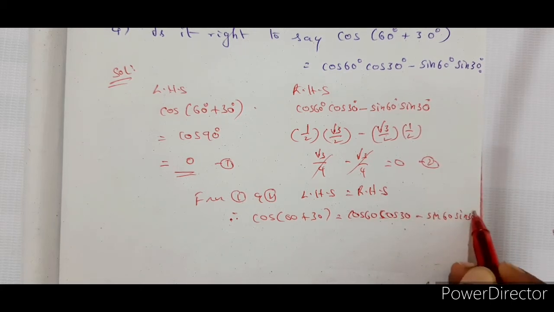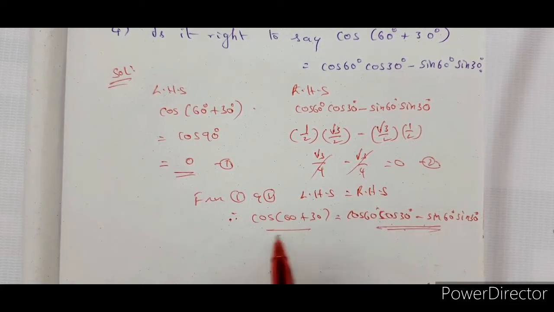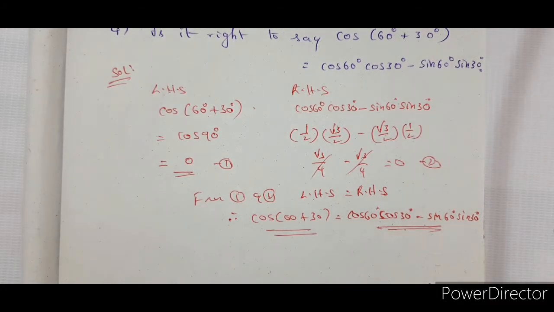Generalizing it, you can say cos of A plus B is equal to cos A cos B minus sin A sin B. These things you have to remember when you go for higher education, like with maths as one of your subjects, then that generalization will be very much helpful for you. Cos of A plus B can be written as cos A cos B minus sin A sin B. Please pause and note it down. I'll give a minute of time for this.